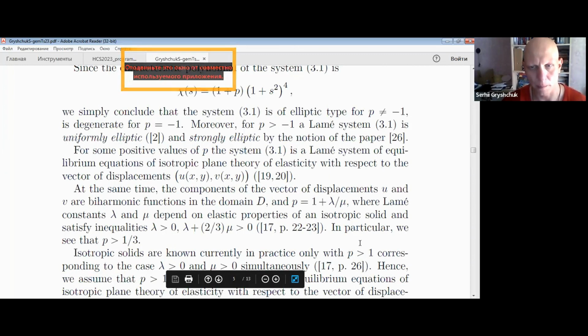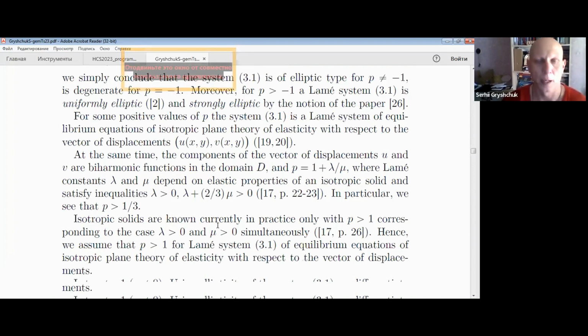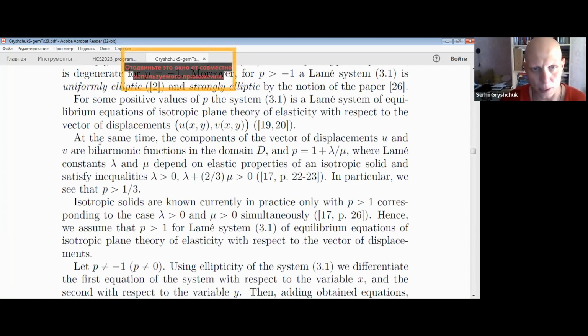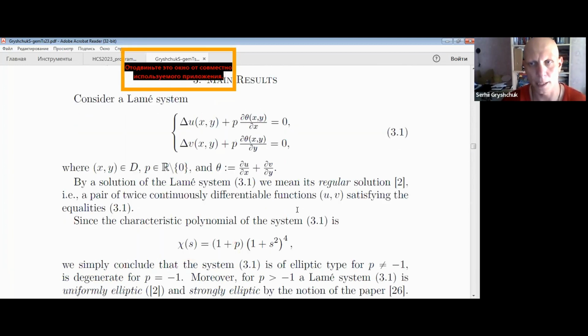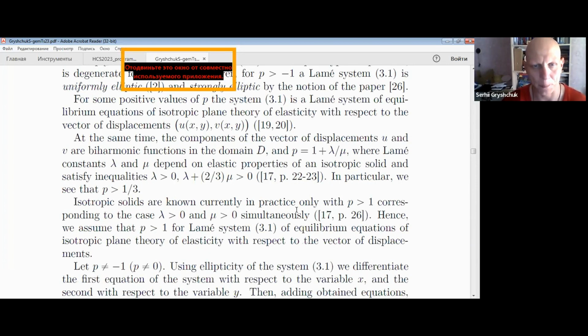By physical meaning, we have that p is more than 1/3. This is the case when system 3.1 is an equilibrium system of isotropic plane elasticity.